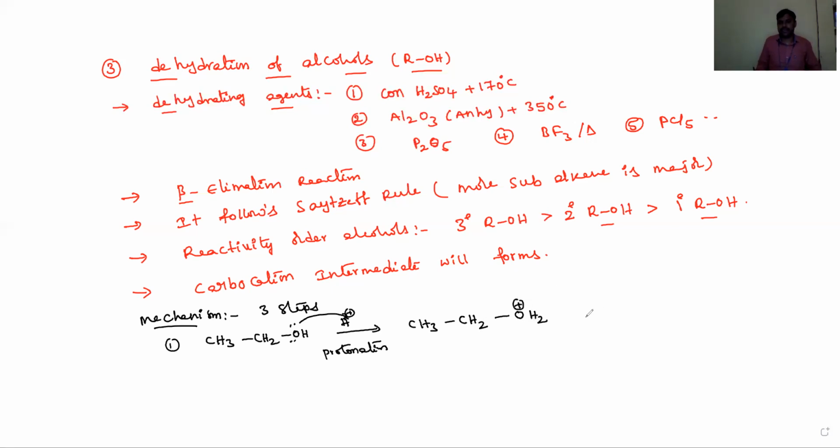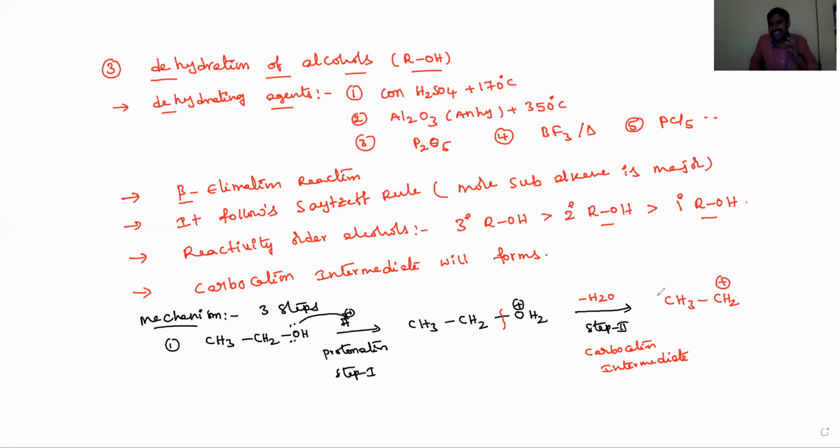This protonated alcohol, in step 2, undergoes heterolytic cleavage with loss of water to produce a carbocation intermediate. The carbocation intermediate is CH3CH2+.